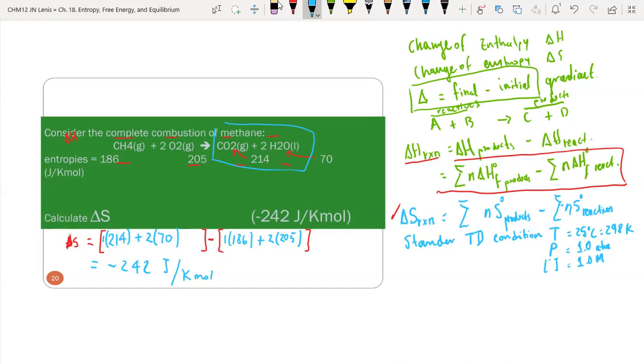This reaction, according to this value, is telling you some information about the entropy. Remember that entropy gives you an idea of the tendency of the substances to gain entropy. Nature loves systems that gain entropy.